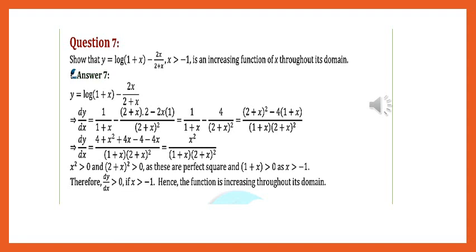So we have dy by dx greater than 0 only if x is greater than minus 1. So x square is greater than 0, 2 plus x the whole square is greater than 0, and 1 plus x is also greater than 0 because the question says x is greater than minus 1. So altogether dy by dx is greater than 0. So we say the function is increasing throughout its domain.